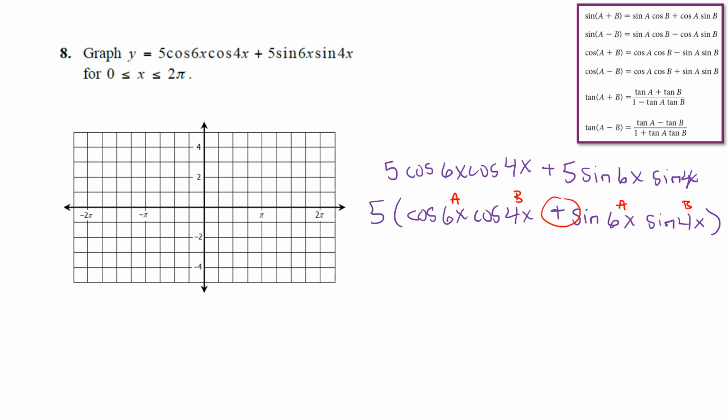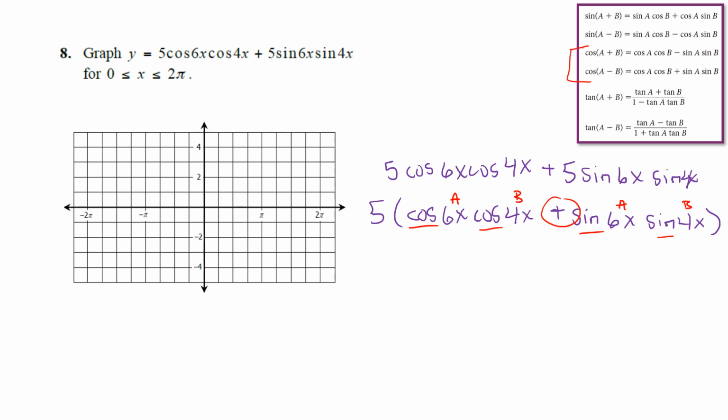So if I look at my formula list here, I have cosine, cosine, and then sine, sine. So that's going to be similar to one of the cosine sum and difference formulas.